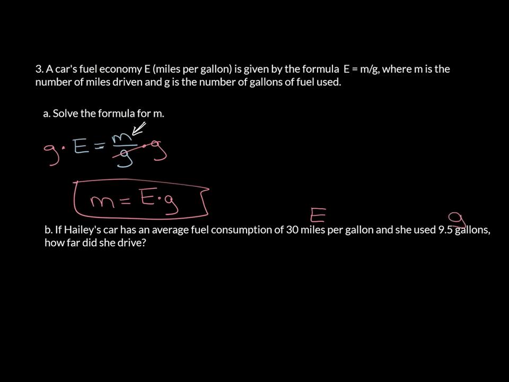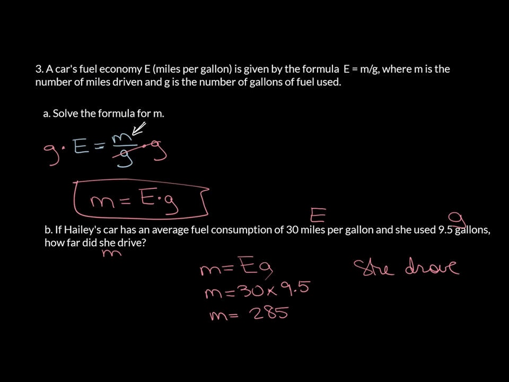So miles equals E times G from part A, and I've got miles equals the economy, which it's saying is 10, times 9.5 gallons. If I work that out, I get 285. So she drove 285 miles, and that would be your answer.